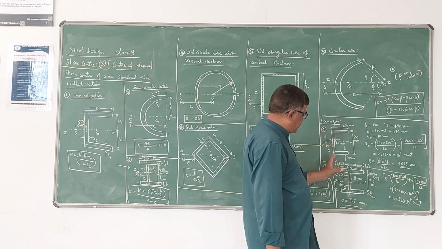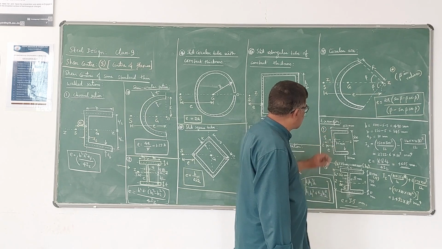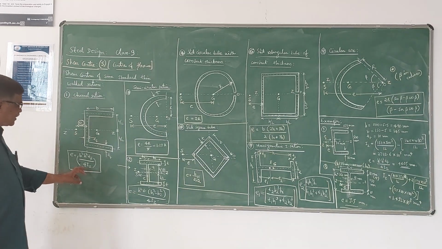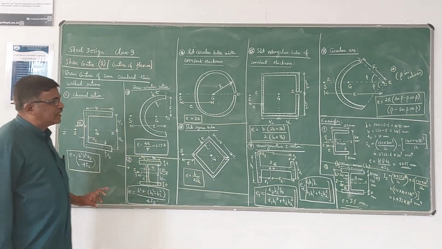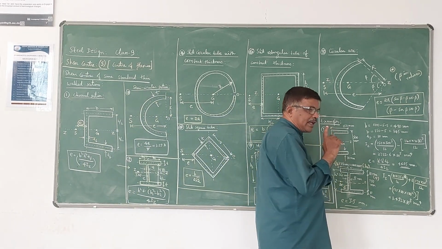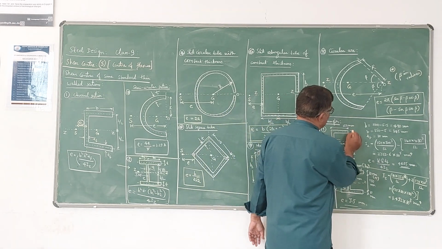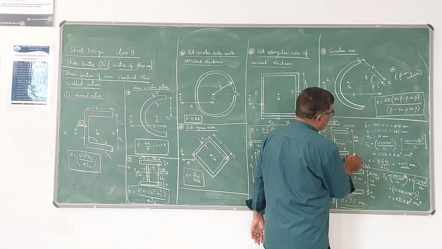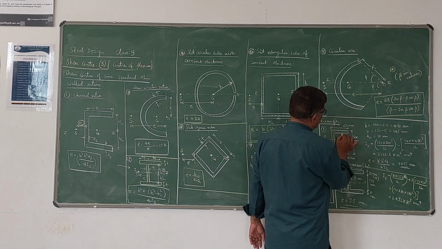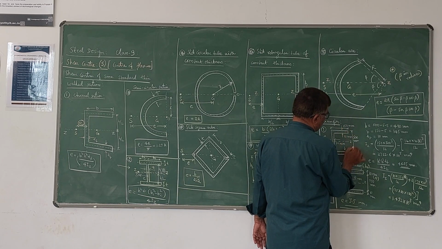Now there are 2 examples I have given here. One is once again for the channel section. For the channel section, this is the formula we are going to use. Only thing is we need to find this value of Iz. One very important thing is you have to take the central line distances. So H is here. This 500 is overall, and since this is 10 mm, this is also 10, this is also 10, you have to deduct 5 mm this side and 5 mm this side.